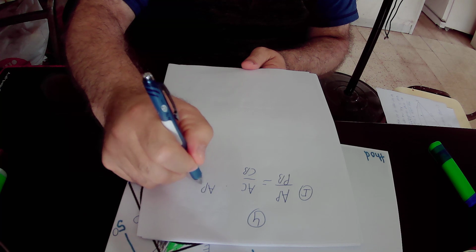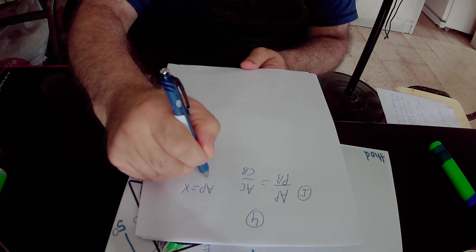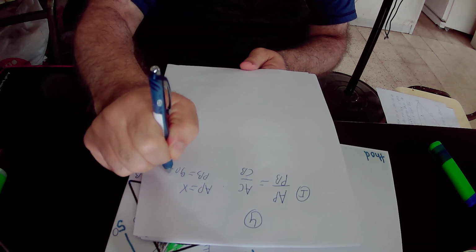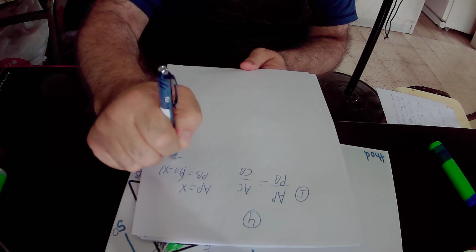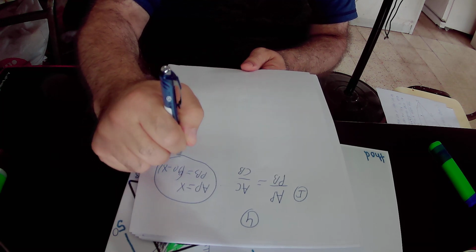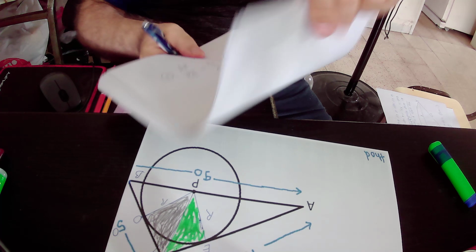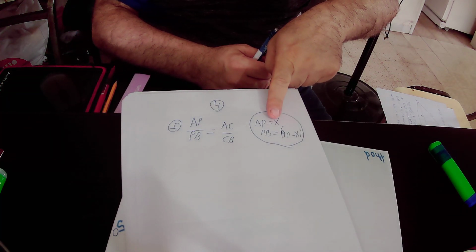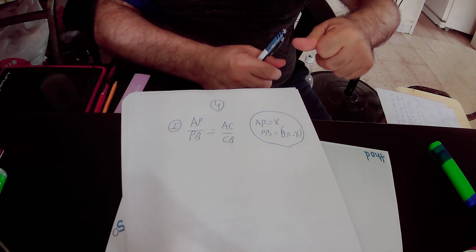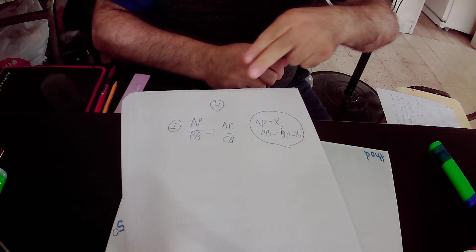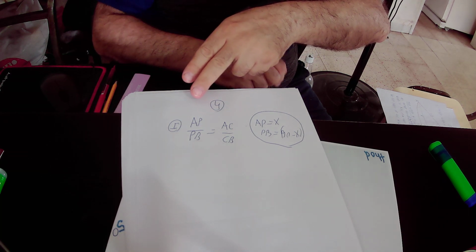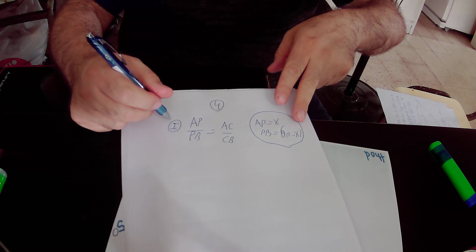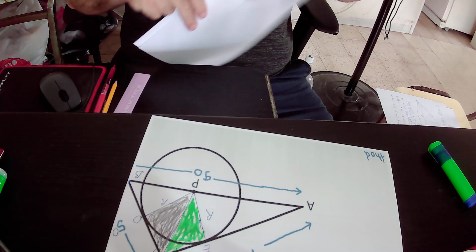AP equals X, so PB equals 90 minus X. Okay, according to our definitions, AP equals X, so PB must be equal to 90 minus X, and here in equation 1, we can substitute AP by X and PB by 90 minus X. Okay.